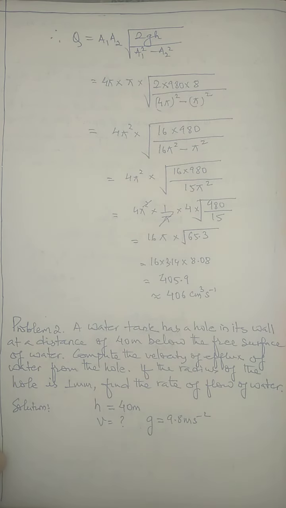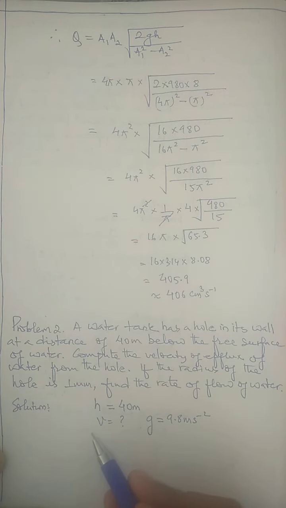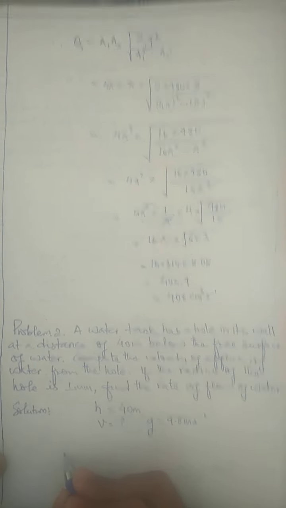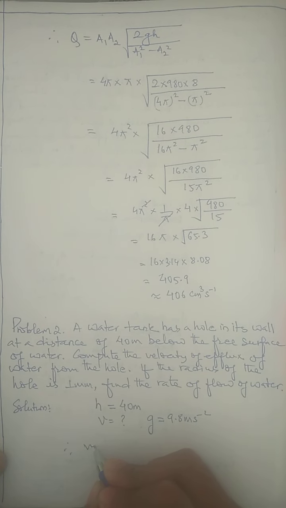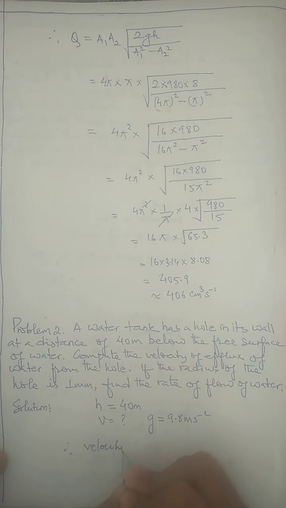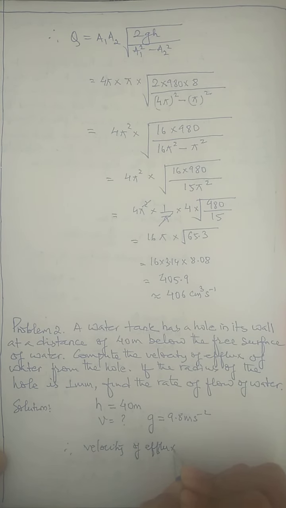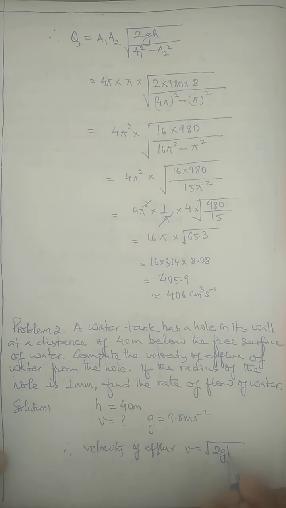Now the velocity of efflux, which depends upon the height from the free surface, is given by the formula, and I write it directly: the velocity of efflux, which is marked by letter v, is square root of 2gh.